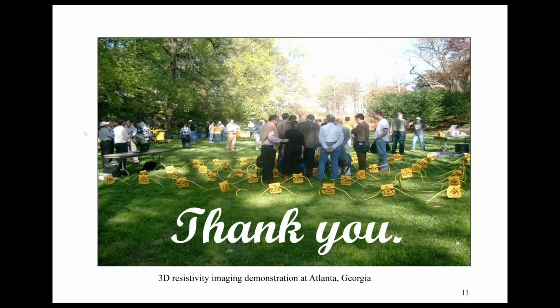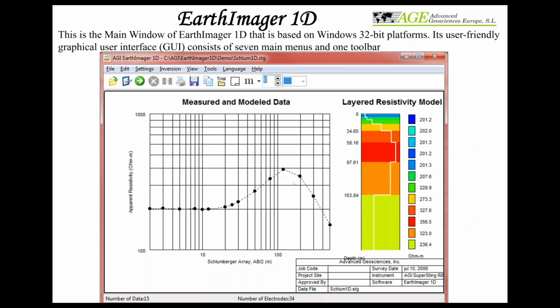Okay, I just mentioned that, but I will go back here. Hold on. Again, it's 12 layers. Typically, it's the type of the curves in 1D, what we call A type, K type, H type, and Q type. These depend on going from low resistive to high resistive, or high resistive to low resistive.